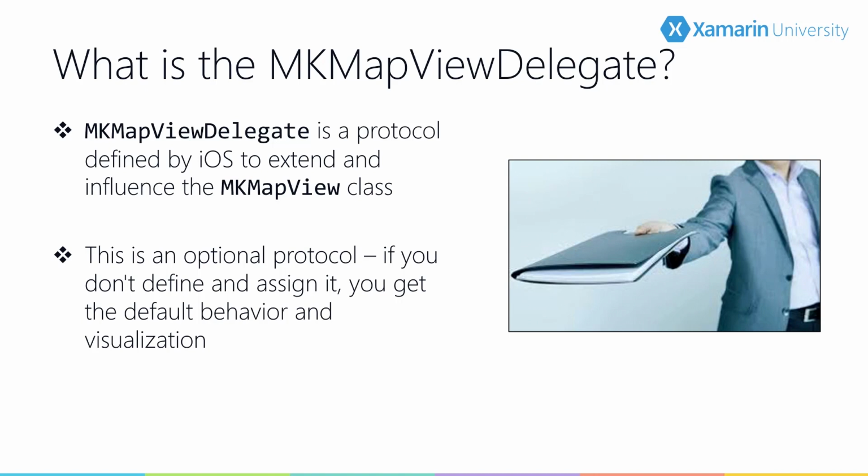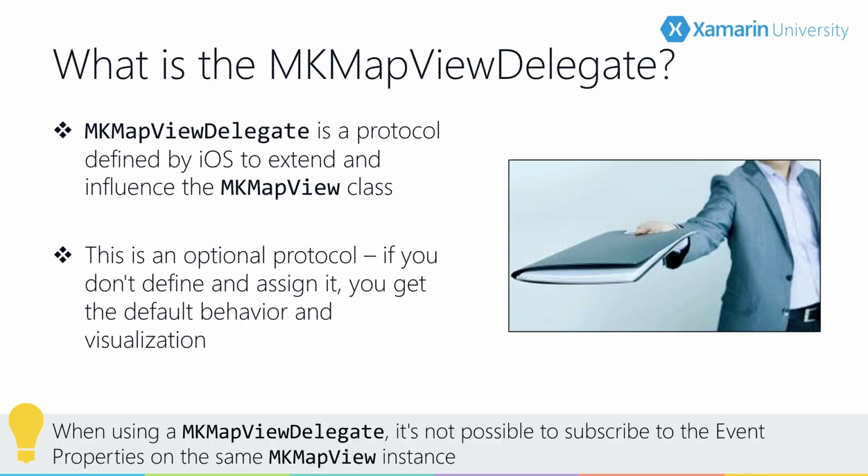It's also the way that Objective-C and Swift developers will customize their maps. So if you're porting code from Apple samples, you'll see a map delegate. However, you have the exact same customization options using either the event properties or the delegate, and C# developers will often prefer using event properties. Just remember, you can't use both approaches on the same MKMapView instance. You can use the delegate or the event properties, but not both.